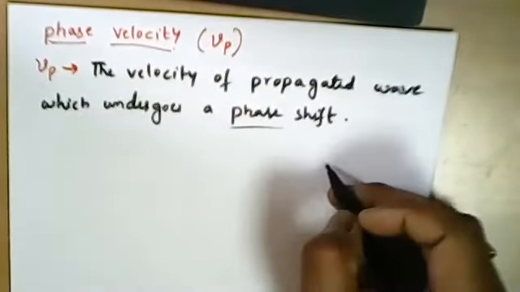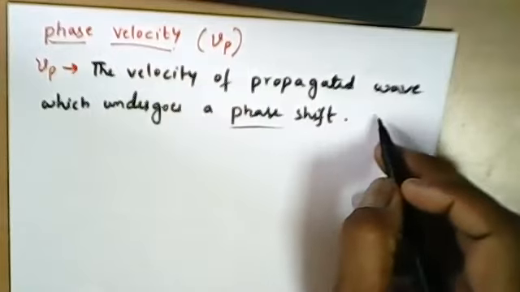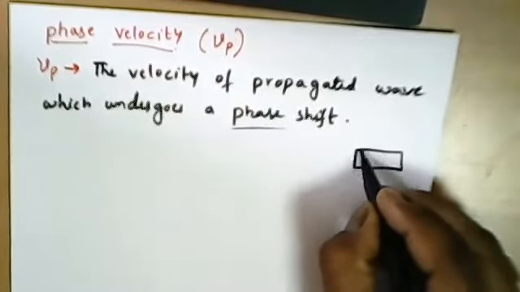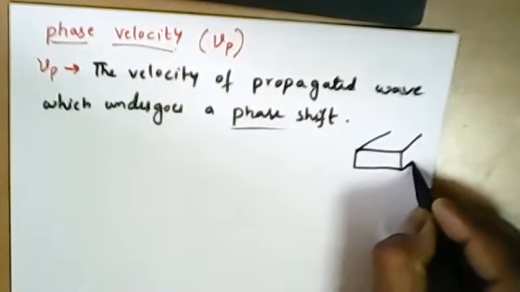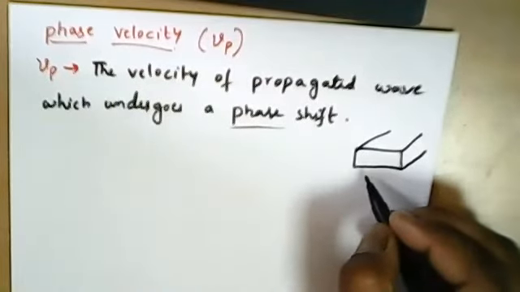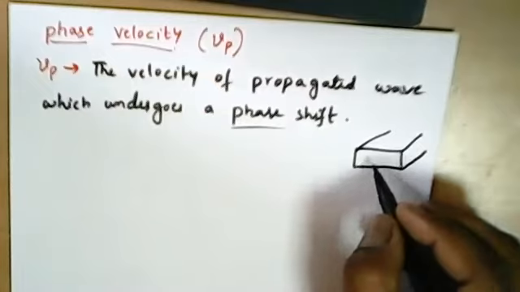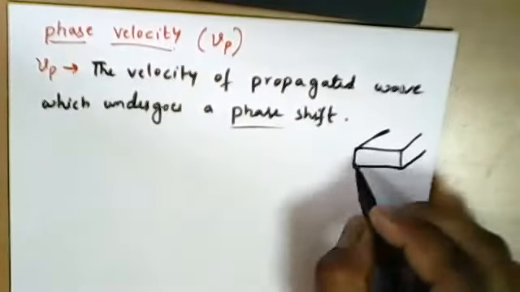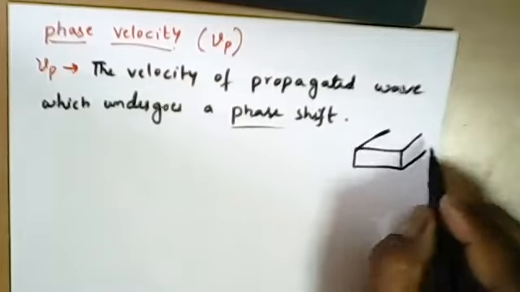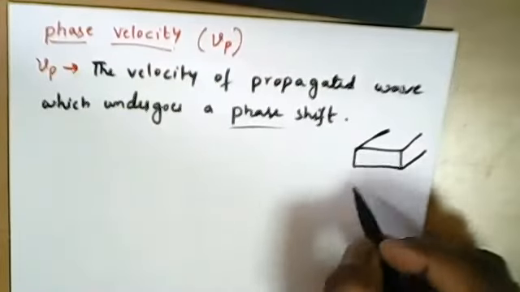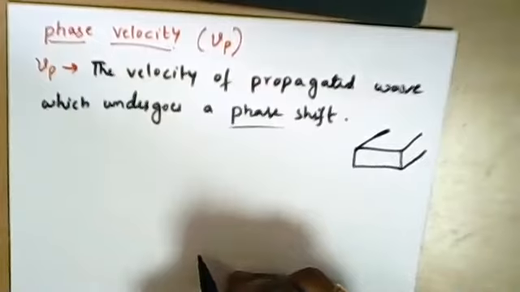Whenever the wave is propagating inside the waveguide, there is a shift in phase. So this is the rectangular waveguide. Whatever concepts we are discussing are totally related to the rectangular waveguide only. What are the cutoff wavelength, dominant mode, then phase velocity, group velocity, everything is related to the rectangular waveguide.